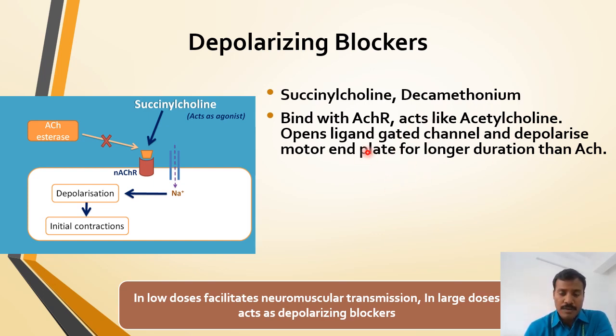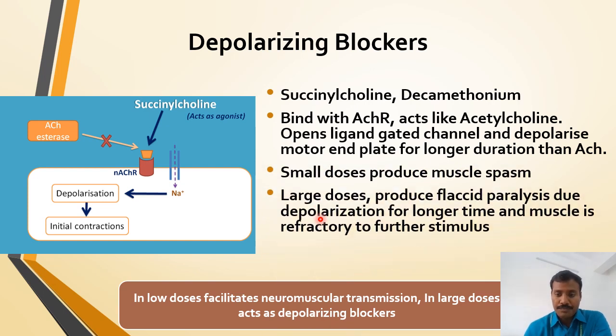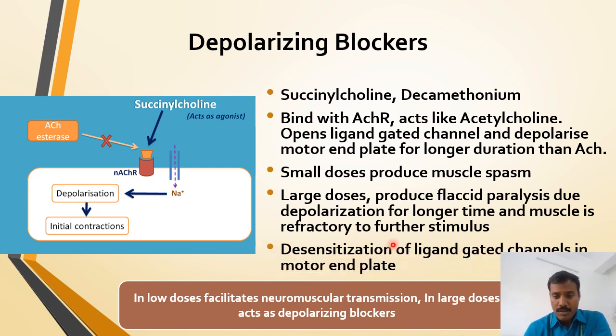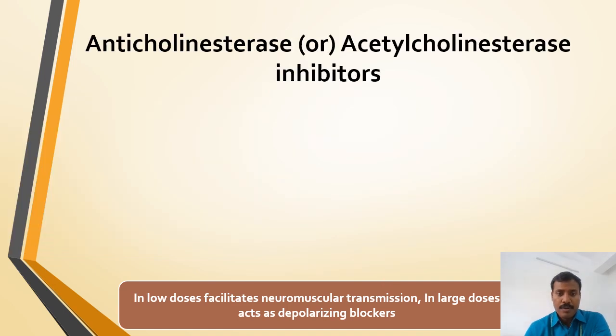So they won't respond to subsequent action potentials, which leads to paralysis of the muscles. Large doses produce flaccid paralysis due to depolarization of the channels for a longer time. So the muscle is refractory to further stimulus, that is a depolarizing block, with desensitization of the ligand-gated channel at the motor end plate.